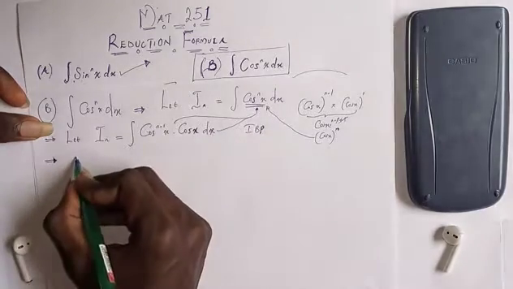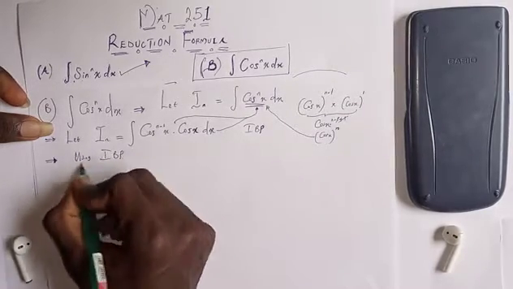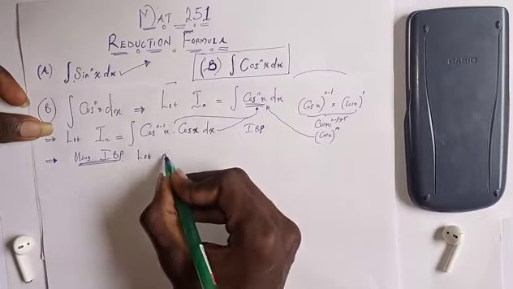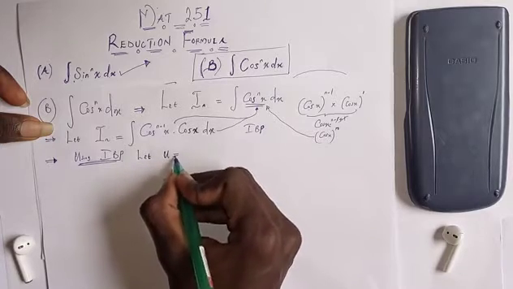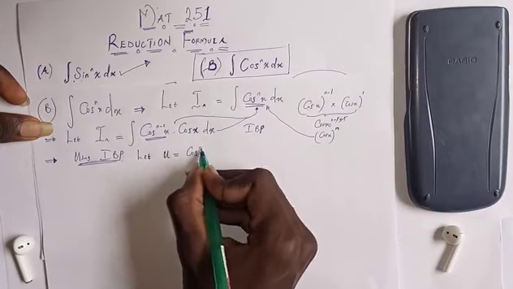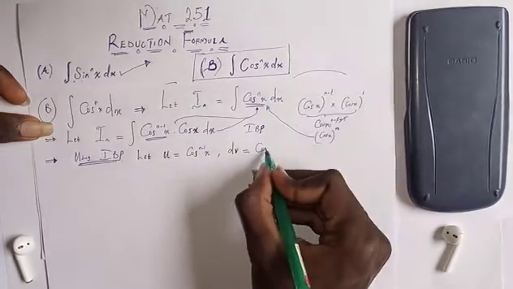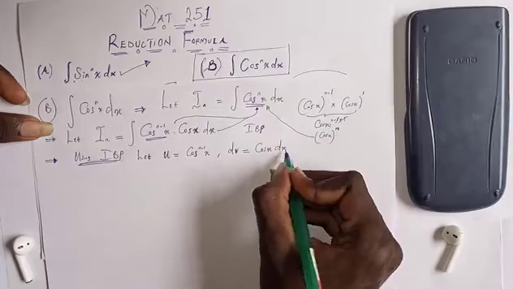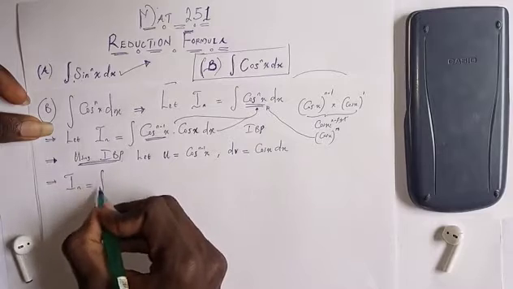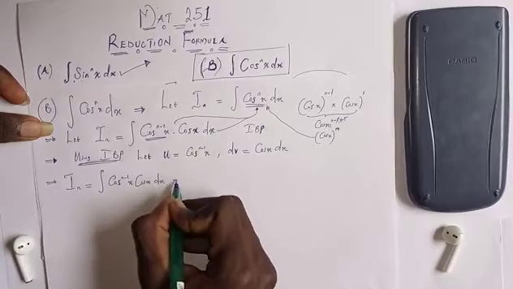Using integration by parts, IBP, the first thing you need to consider is that you let u represent cos^(n-1) x, and let dv represent cos x dx, such that the question I want to solve, I_n, equals the integral of cos^(n-1) x cos x dx.